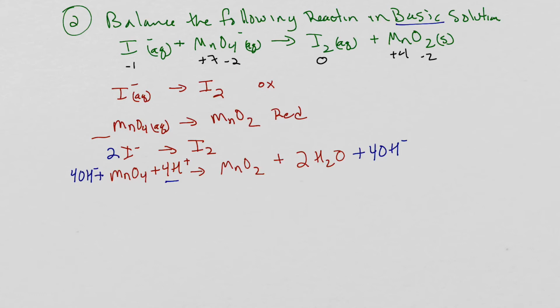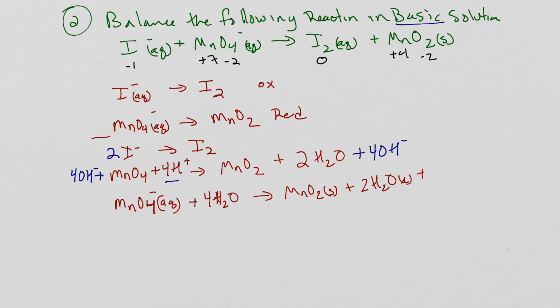So if we rewrite this equation now, we have MnO4 minus aqueous plus 4 waters, and on this side we have MnO2 solid plus 2 waters plus 4 hydroxide ions.